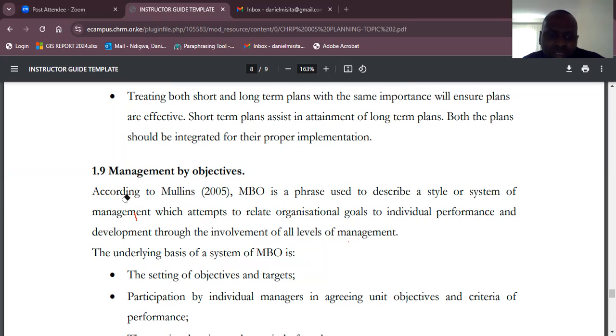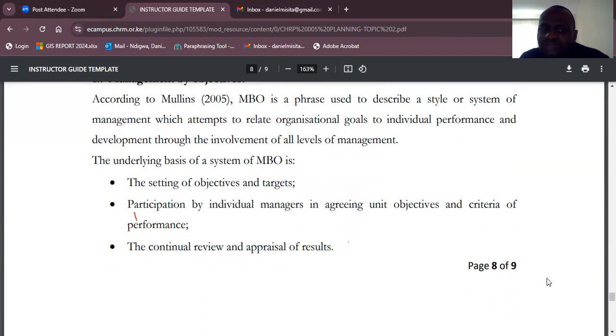So the underlying basis of this system of management by objective is, number one, setting objectives and targets. At the end of the day, you have the objectives that you want to achieve, so you need to understand what exactly you need to achieve as an organization.